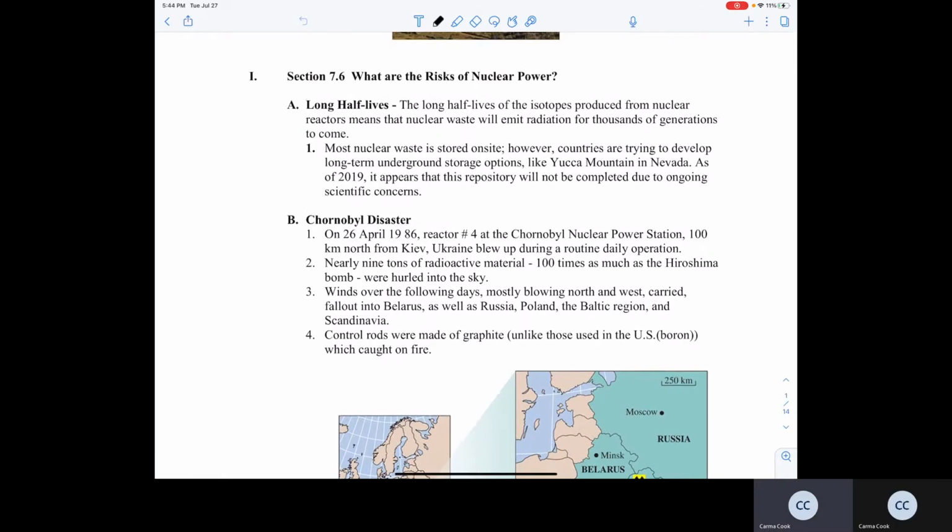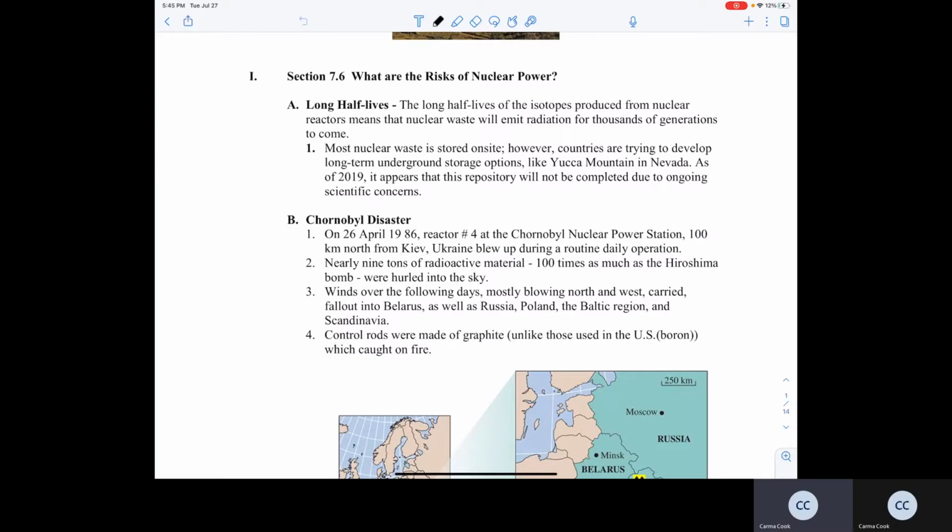And the problem with the waste is that it has what is called long half-lives. The isotopes that end up being formed from the breakdown, the radioactive decay of the uranium that's used in most nuclear power plants, that uranium gets radioactively decayed down into other elements.